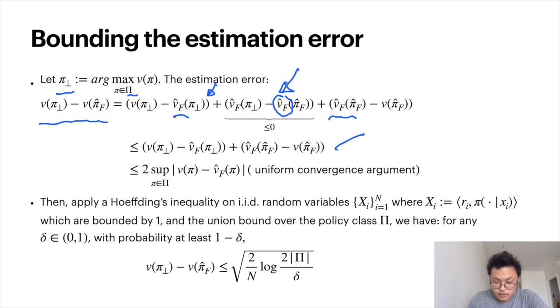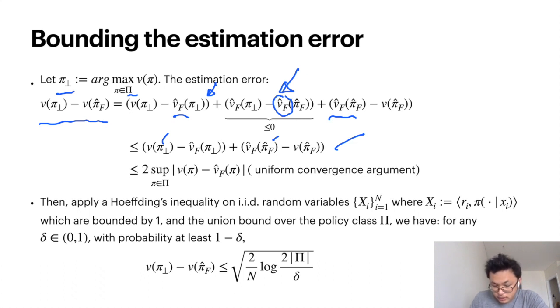And you notice that pi perpendicular and pi hat f all belong to the policy class capital Pi. So this is less than 2 times the supremum of v pi minus v hat pi over all pi in the policy class capital Pi.